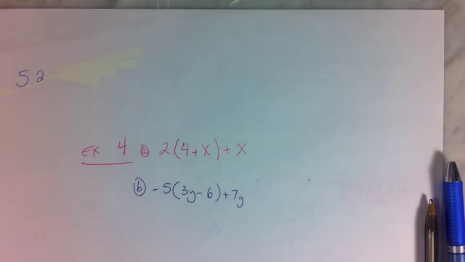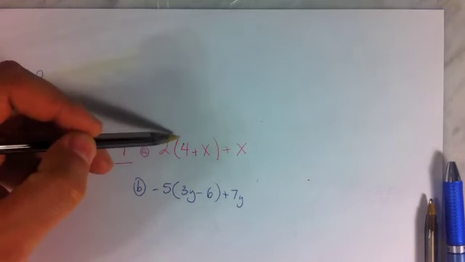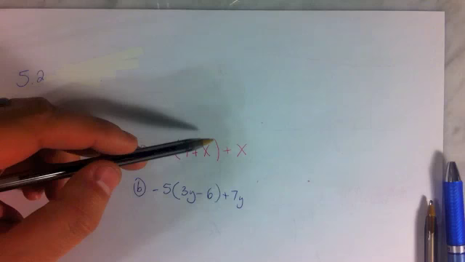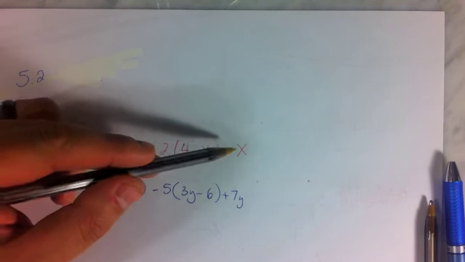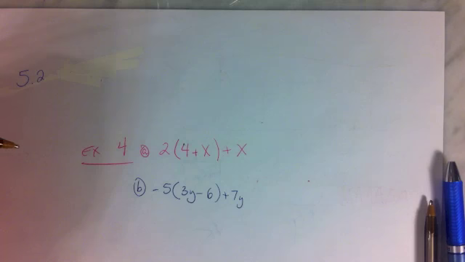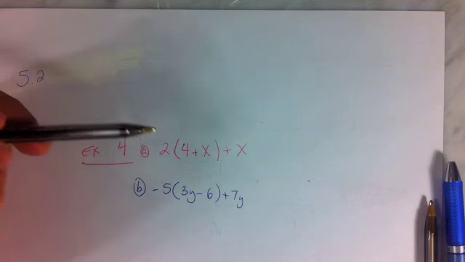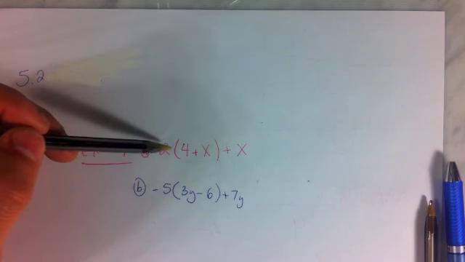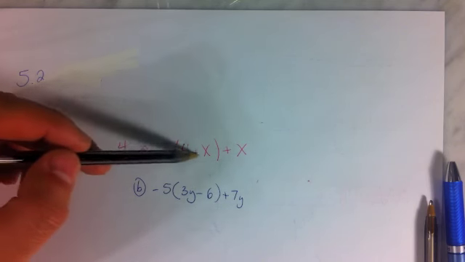Alright, here we go. Example number 4. Let's do these together, please. This one says 2 times the quantity 4 plus x, plus x. First we're going to use the distributive property to distribute 2 inside our parentheses, because we have 2 times this 4 plus x.